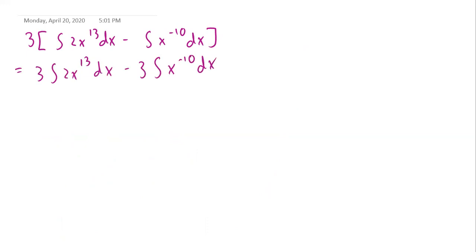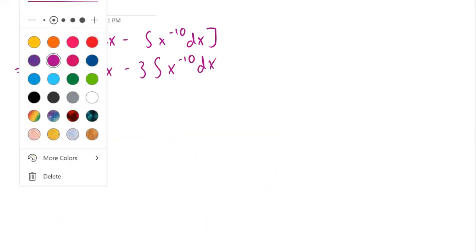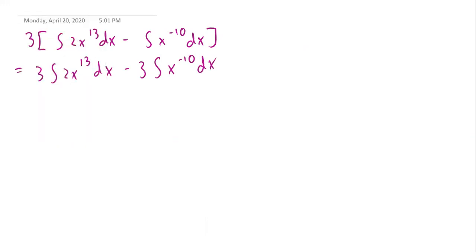Now, again, before I solve, I'm going to simplify as much as possible. I have an extra constant there, multiplying the function. I can move it out. So this is going to be 2 times 3 on the outside, 6, times the integral of x to the 13th dx, minus 3 times the integral of x to the negative 10 dx. And now I can go ahead and find an antiderivative.